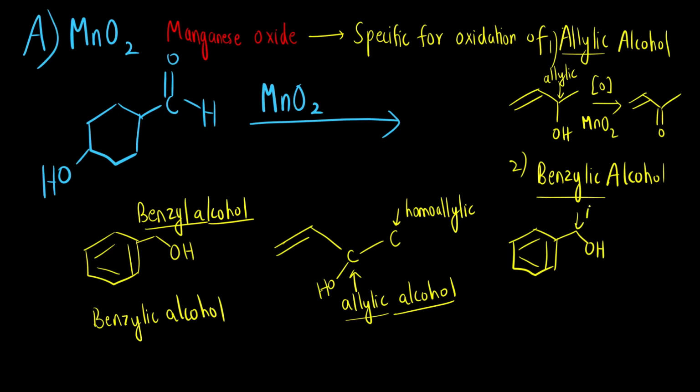This is the benzylic position. The carbon next to the benzene ring is called the benzylic carbon. OH attached at the benzylic carbon is called benzylic alcohol. Here if I add MnO2, what will I get? This will be oxidized to aldehyde.